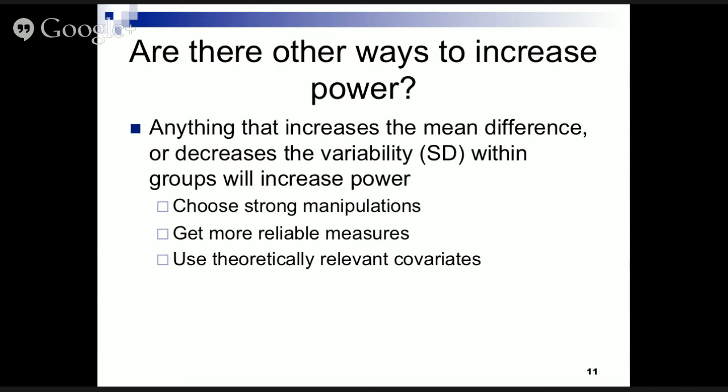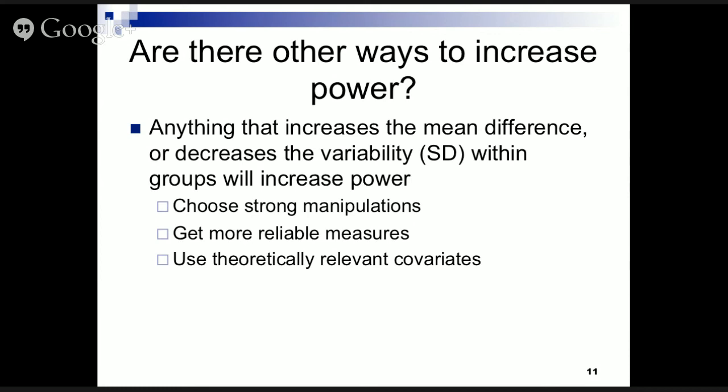So I might want to put in things like parents' height, or country that the person was born in, or information about how much access they had to good quality nutrients when they were growing up. These are all covariates that I could put into my model that are very theoretically relevant. I would specify them beforehand, but because they're theoretically relevant, they're probably going to soak up some noise in my data and make it easier for me to find that effect I'm actually looking for.